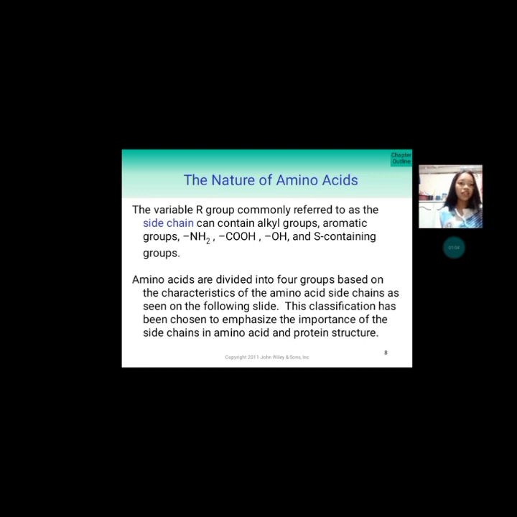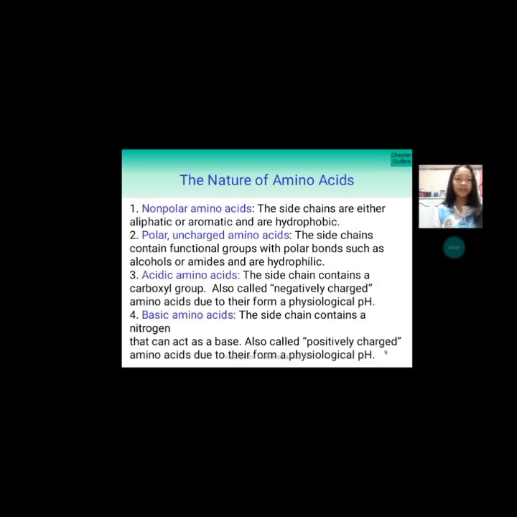This classification has been chosen to emphasize the importance of the side chains in amino acid and protein structure. Number 1, the nonpolar amino acids. The side chains are either aliphatic or aromatic and are hydrophobic. Number 2, the polar uncharged amino acids. The side chains contain functional groups with polar bonds such as alcohol or amides and are hydrophilic.